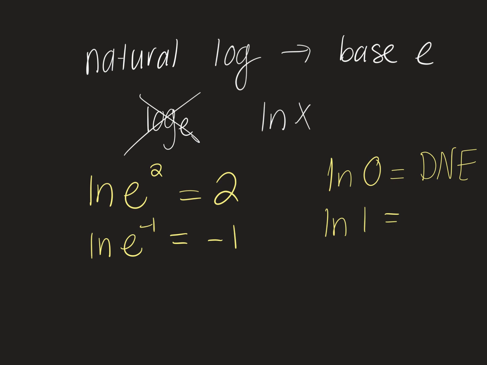What's ln of 1? 0. Why is it 0? Because anything to the 0 power equals 1. Also, again, you can check these with your calculator.